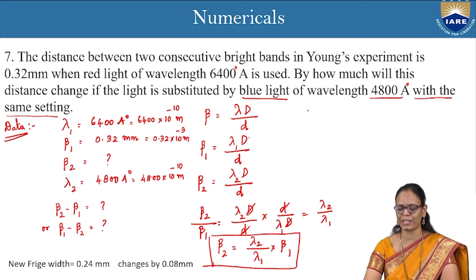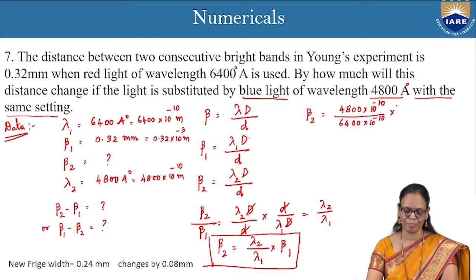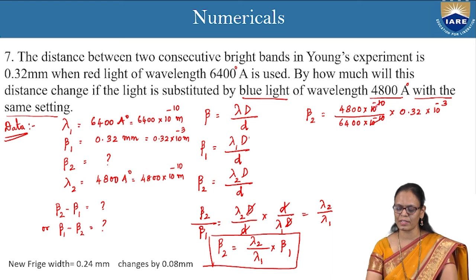Now let us find beta 2. Beta 2 will be equal to 4800 into 10 power minus 10 divided by 6400 into 10 power minus 10, into beta 1, which is 0.32 into 10 power minus 3. So this and this will get cancelled.